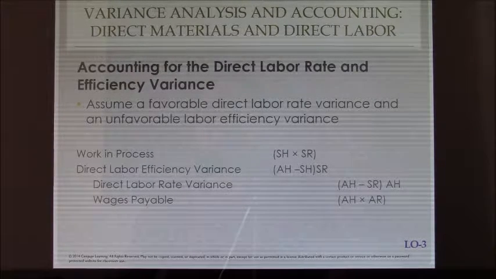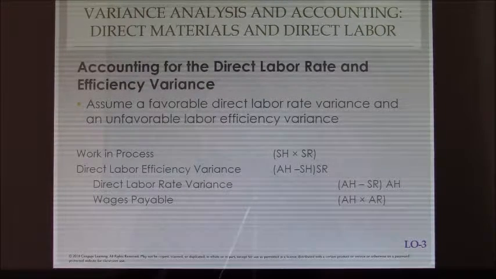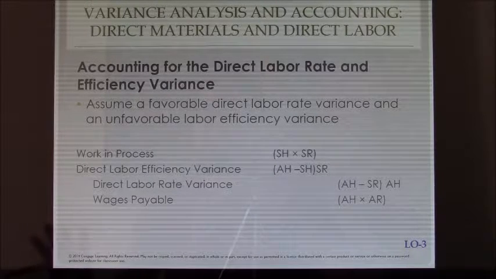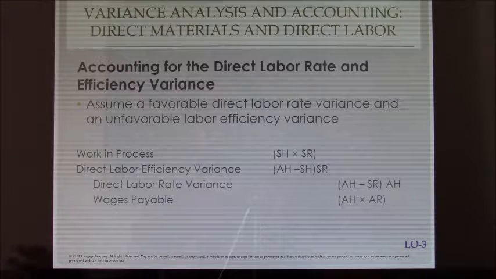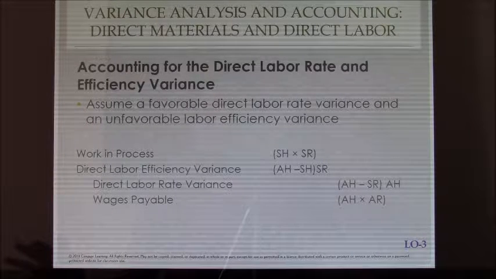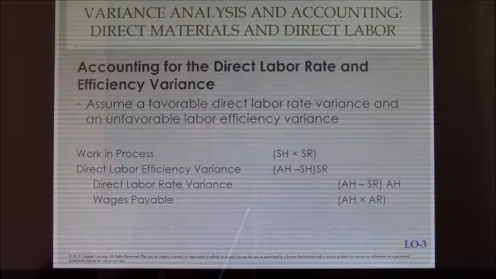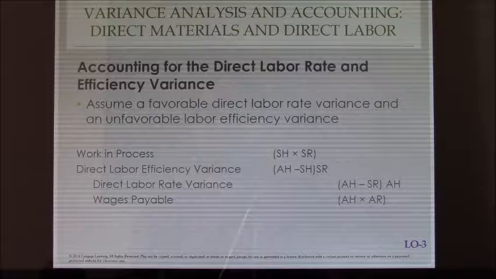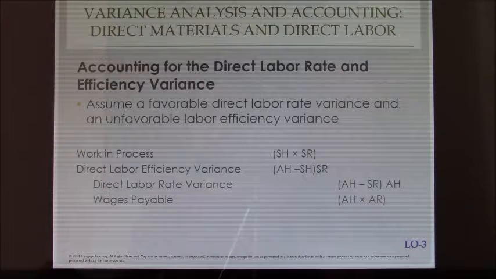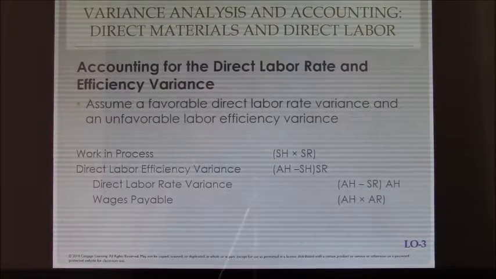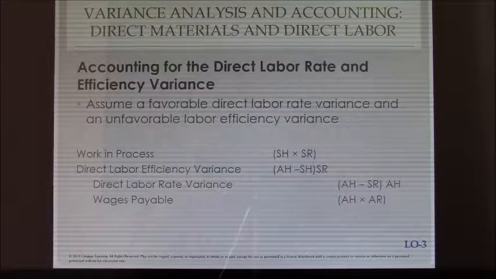And what do you do to post those? Well, favorables are going to be credits, and efficiency and rate unfavorables are going to be debits. That's the same thing. Nothing is any different there. So to move your labor into work in process, right?